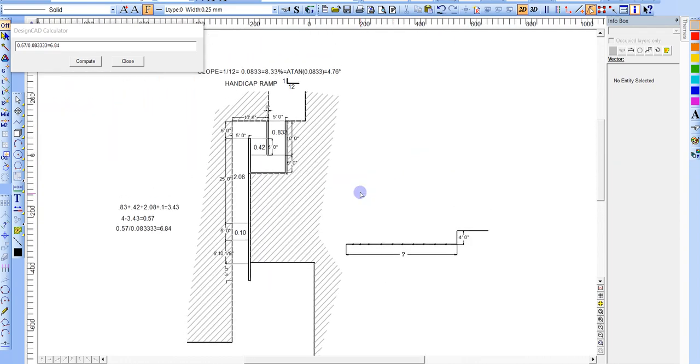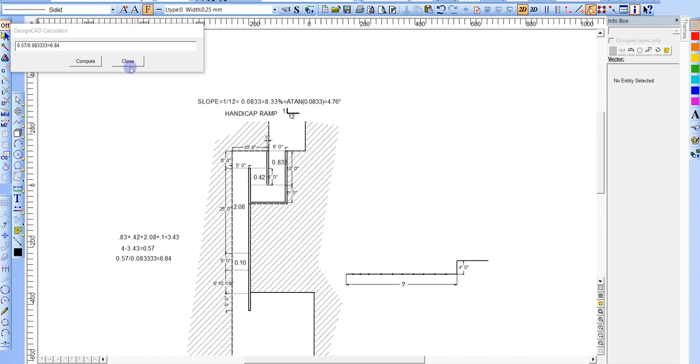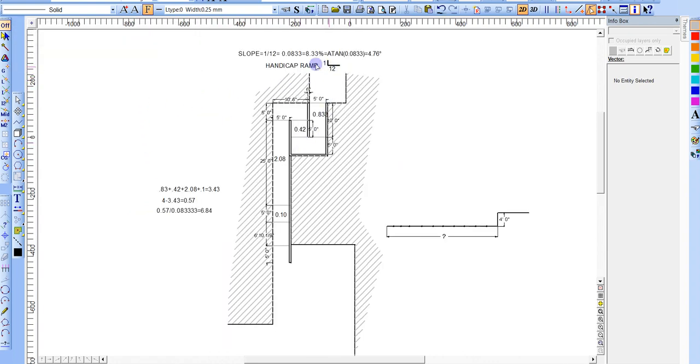I'm not sure that it's exactly what you needed, but hopefully if you're looking for this information, that'll help you understand what's going on when they talk about the different angles here, the specific slope, how to calculate the elevation change, and how to calculate the run with the known elevation. Right here we had 0.57.